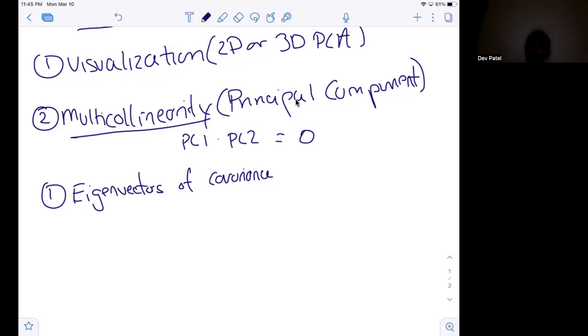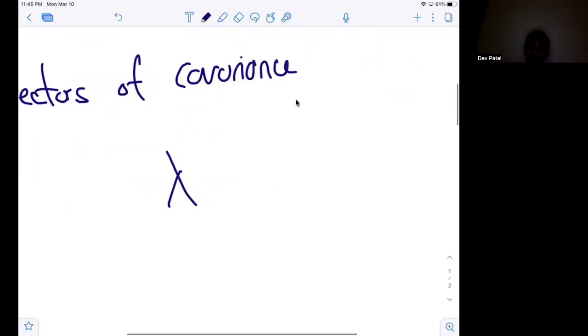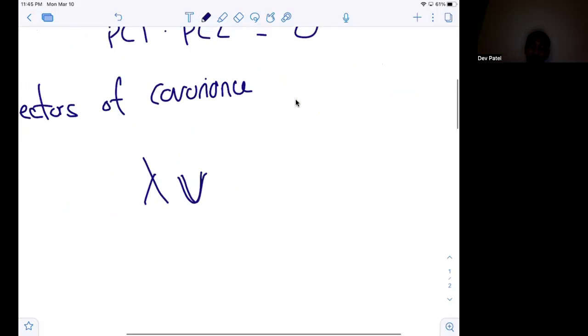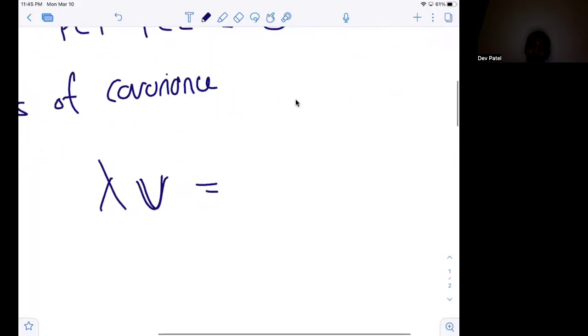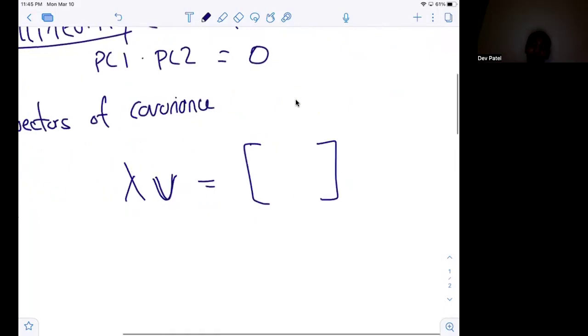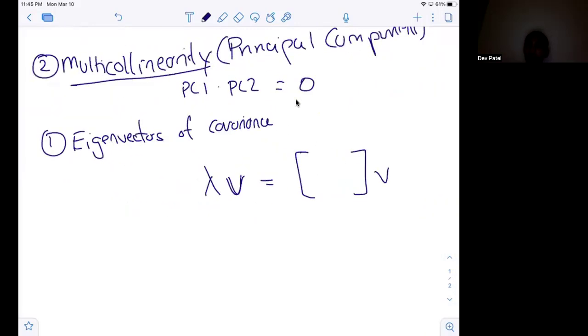When we take the eigenvectors of those, this is relating what scalar multiplication we need to apply to the eigenvector such that when we have a matrix and we multiply it by this vector, we get the exact same transformation.